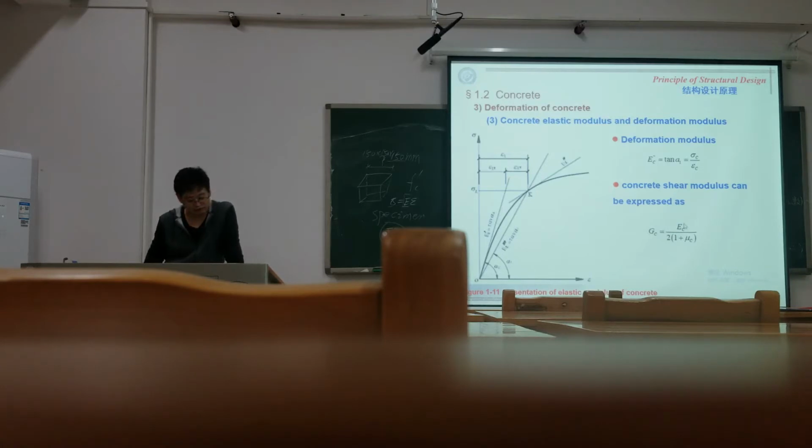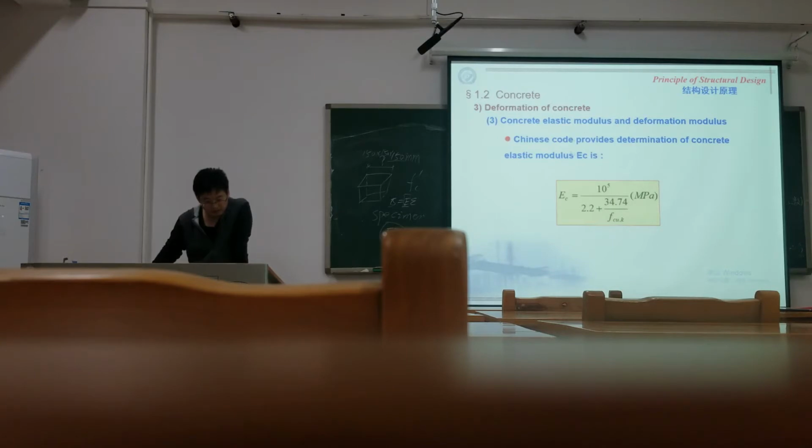Once you know EC and then you know mu C, the Poisson ratio, then you can get GC. And in the Chinese code, we have this formula for calculating the elastic modulus EC from fcu,k. That means once you know the cube compressive strength of concrete, you can use this formula to get EC, the elastic modulus.